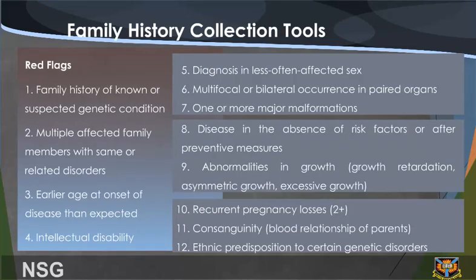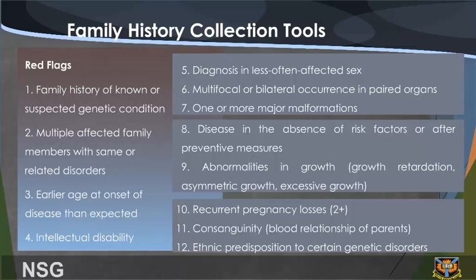Family history collection tools. Red flags. 1. Family history of known or suspected genetic condition. 2. Multiple affected family members with the same or related disorders. 3. Earlier age at onset of disease than expected. 4.